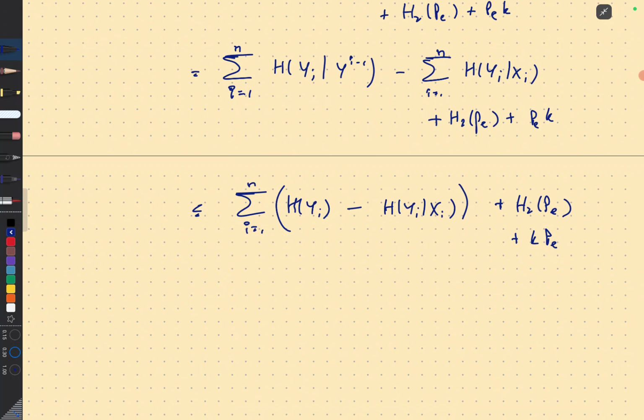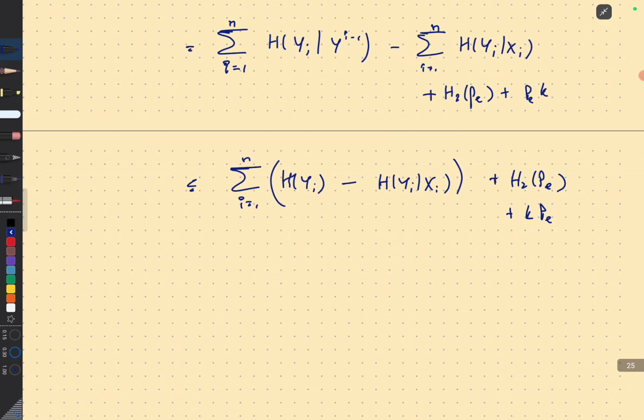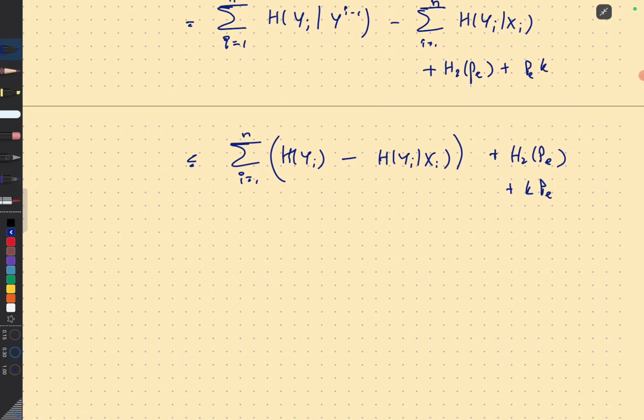Yeah, so conditioning cannot increase entropy, right? It can only reduce entropy. So this is equal to summation i equal to 1 to n of the mutual information between xi and yi plus h of Pe plus k times Pe.